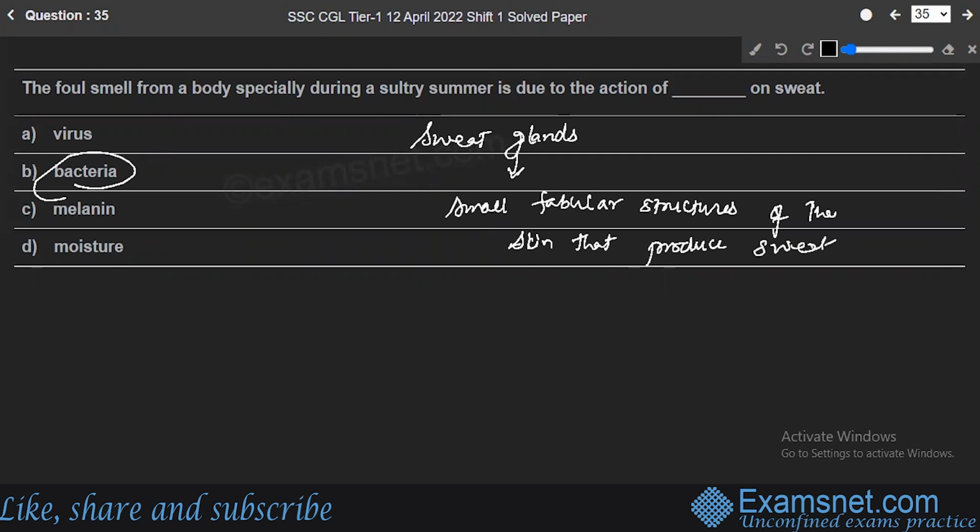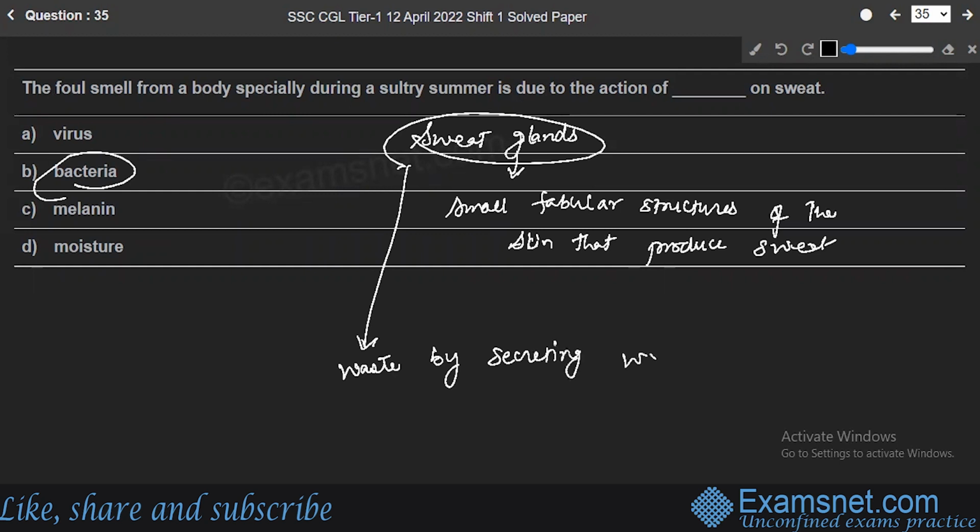So sweat glands are used to regulate the temperature and remove waste by excreting water, sodium salts, and nitrogenous waste such as urea onto the skin surface. What do they secrete?